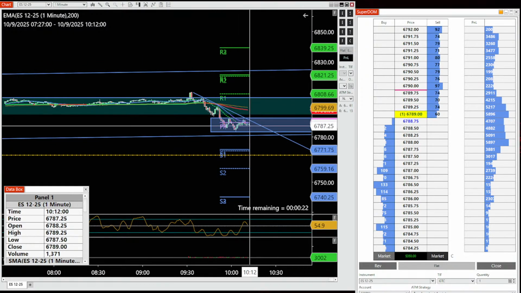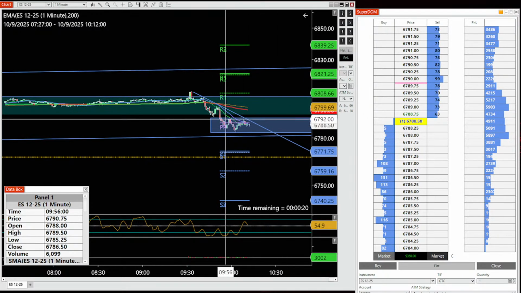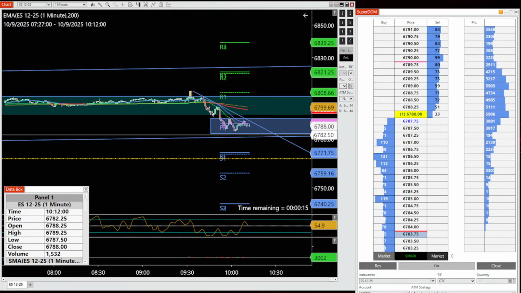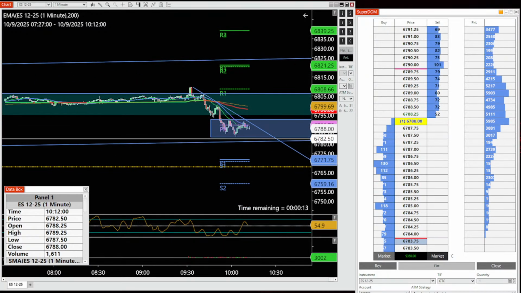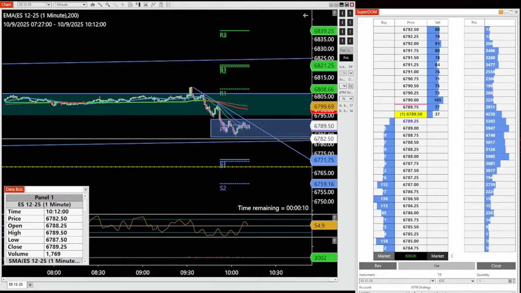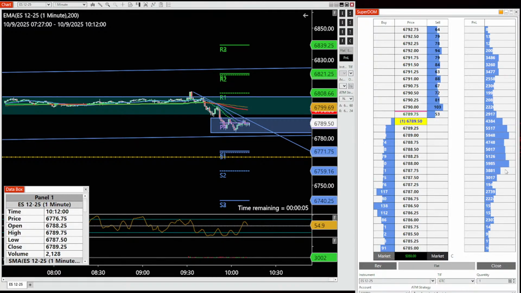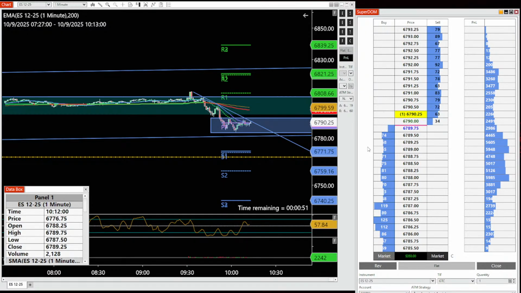Holding below this trend line and also ranging. Make a little bell curve here between these lines. Between these price range, okay, 99.50. Got above the pivot.